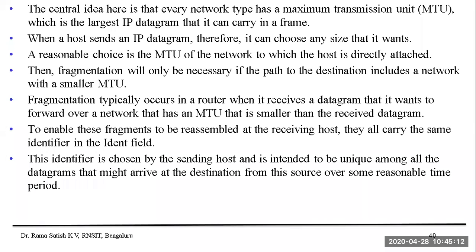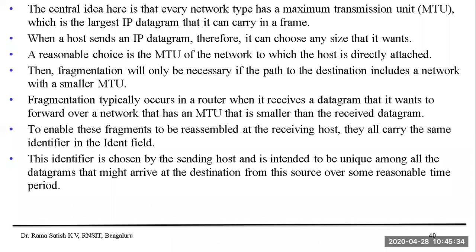This identifier, the identification number, is chosen by the sender host, and it is handled to be unique among all the datagrams that might arrive at the destination from this source over some reasonable period.